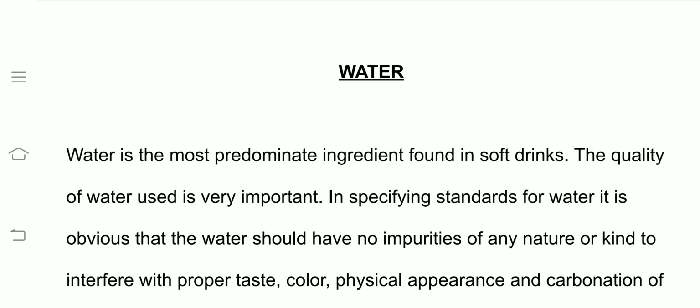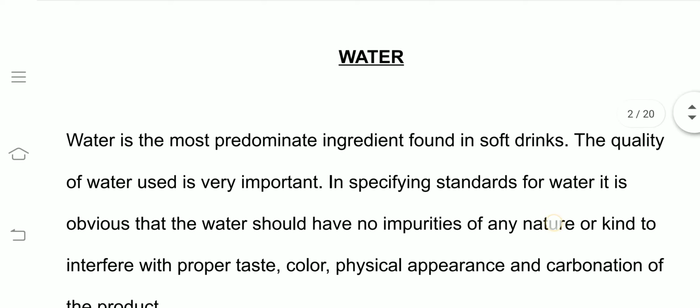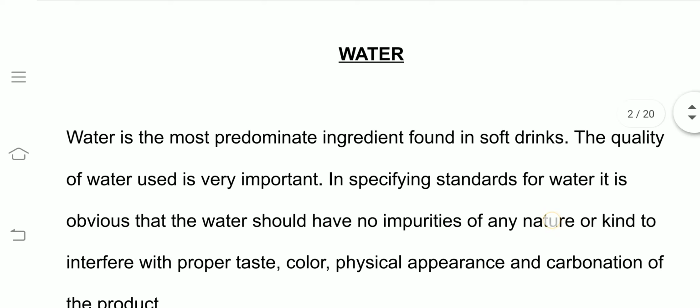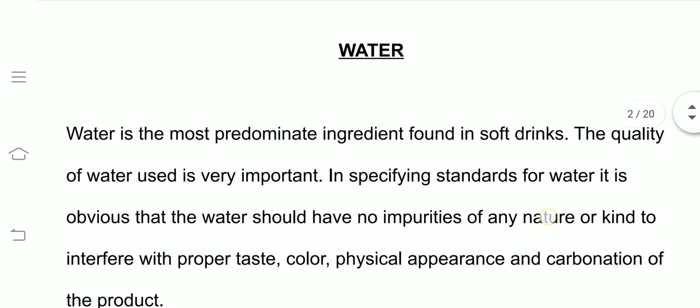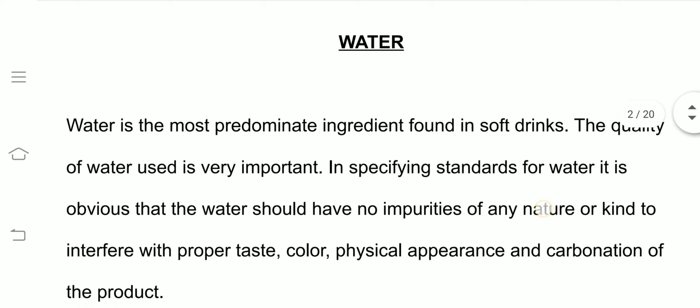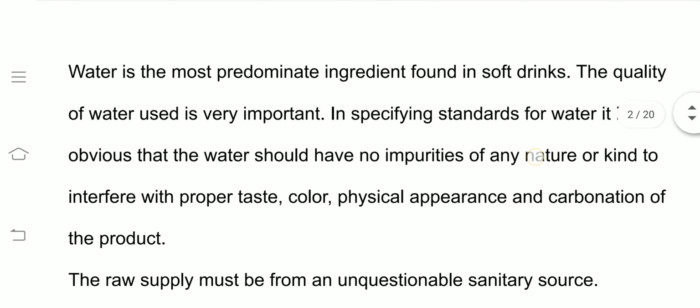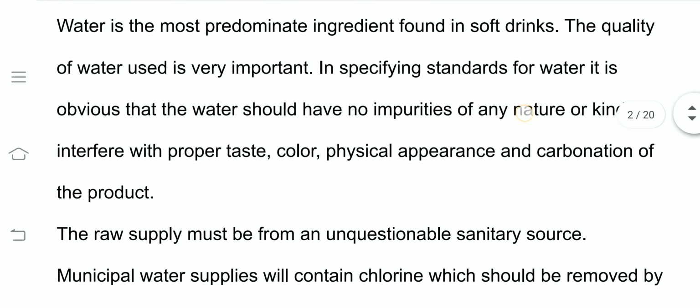First and foremost, the most important ingredient of making soft drink is water. Water is the most predominant ingredient found in soft drink. The quality of water used is very important in specifying standards for water.